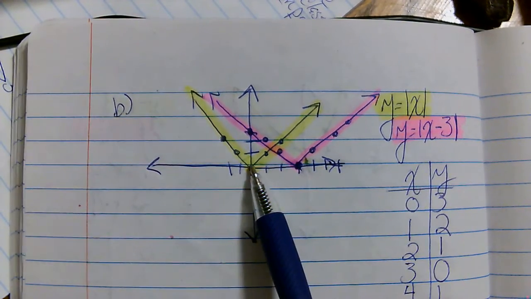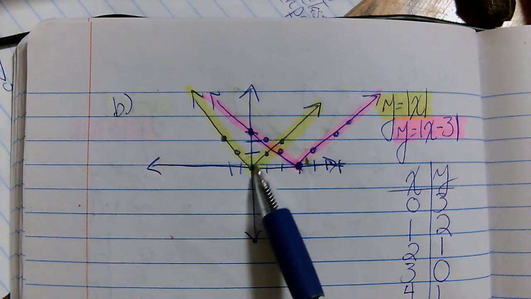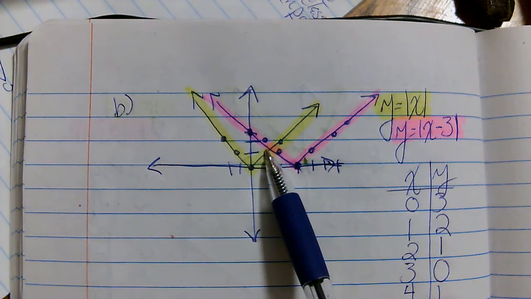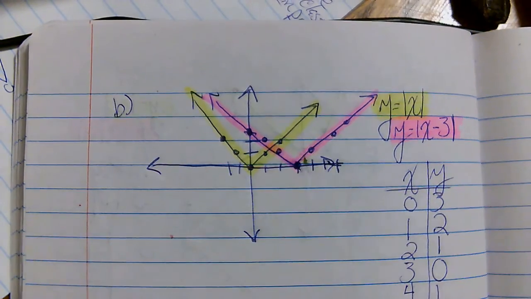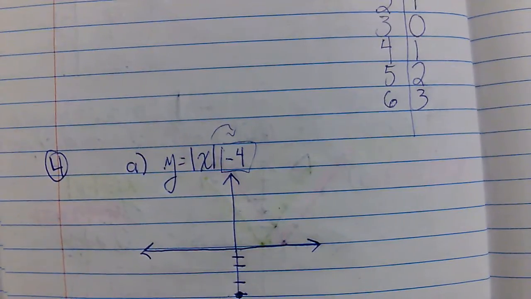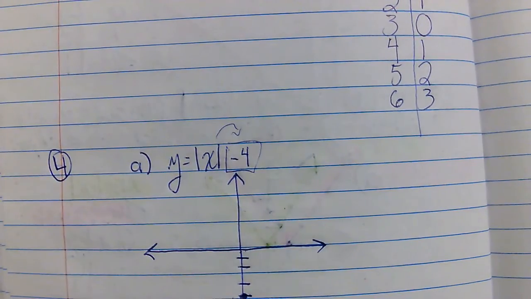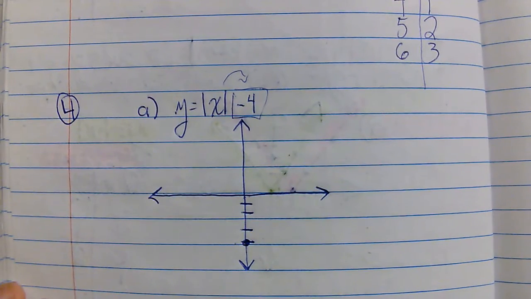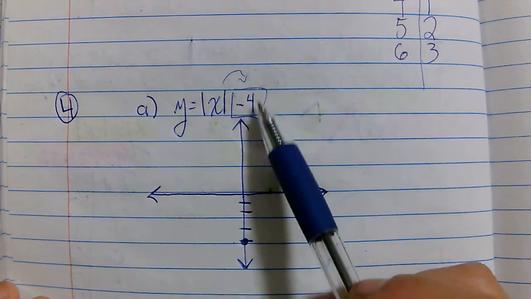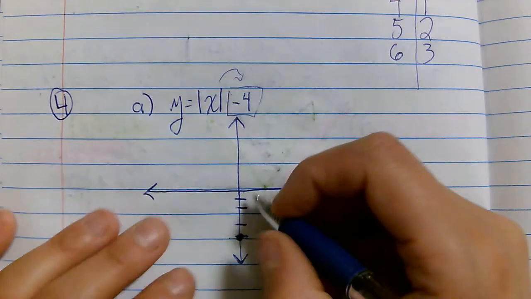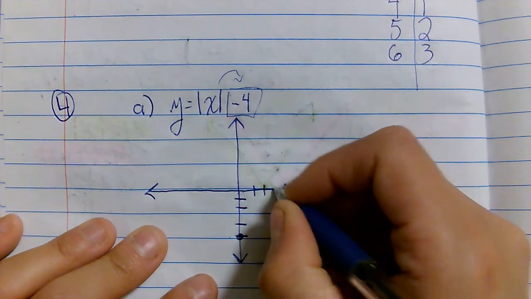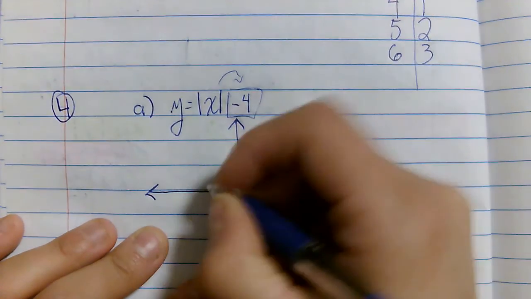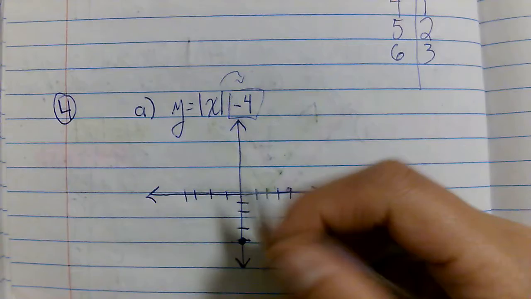That's kind of like what my absolute value parent function is doing. So knowing that, I can do kind of the same thing when I'm plotting one that has shifted either up, down, or left or right. So let me do a couple on this side and a couple on that side.